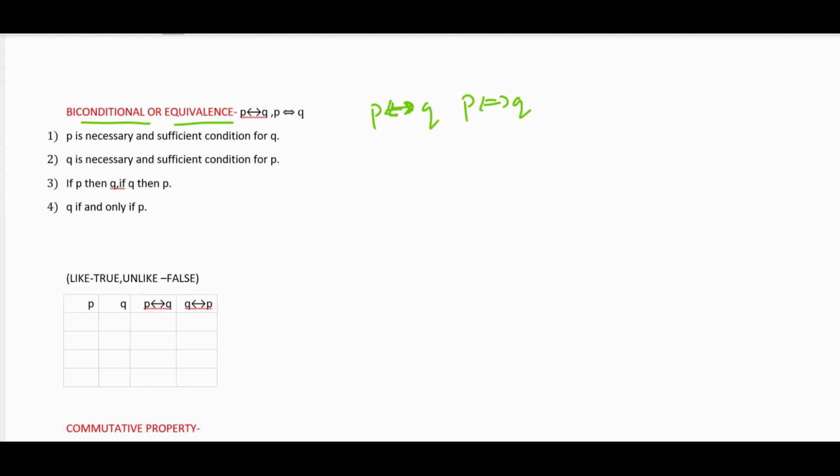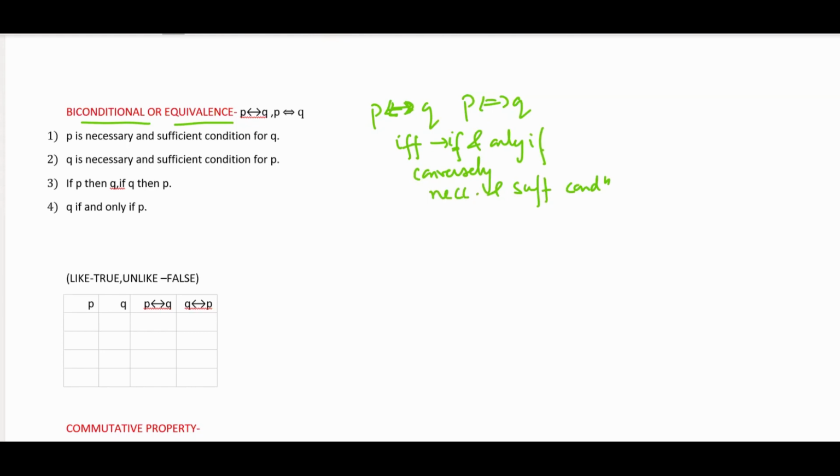We read this symbol as I double F, or if and only if. Another way to read this is conversely, or another way to read this symbol is necessary and sufficient condition.